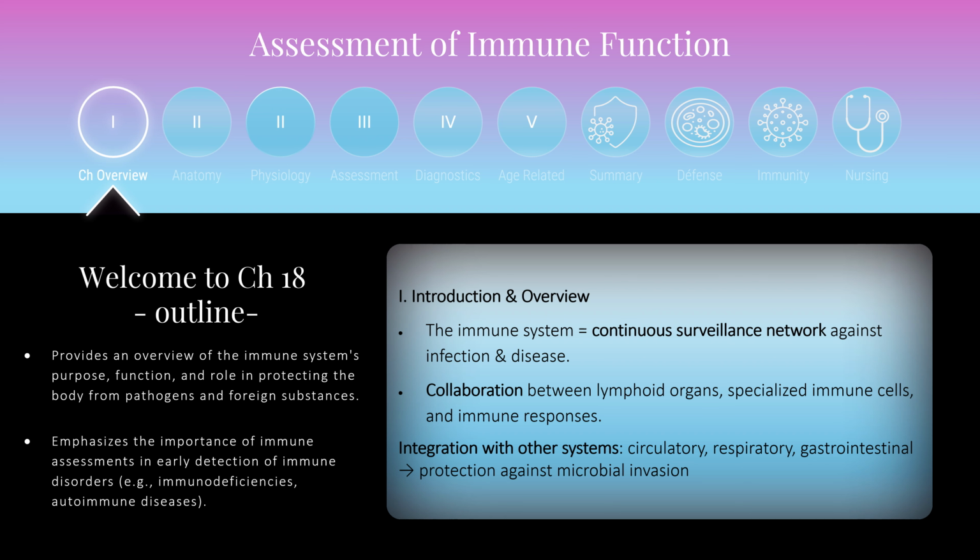Overall, the immune system is a continuous surveillance network against infections and diseases. It involves collaboration between lymphoid organs, specialized immune cells, and immune responses, with integration with other systems, circulatory, respiratory, gastrointestinal, for protection against microbial invasion.